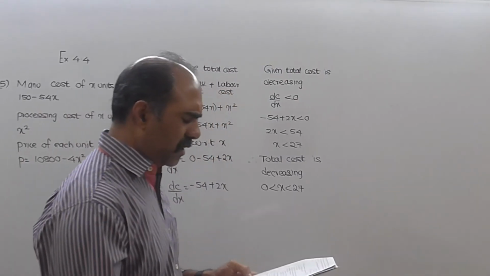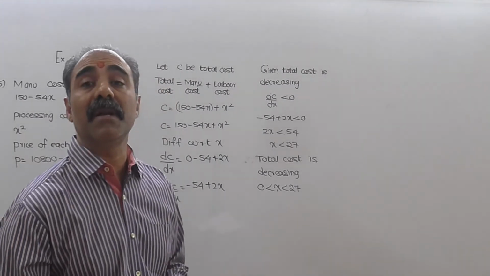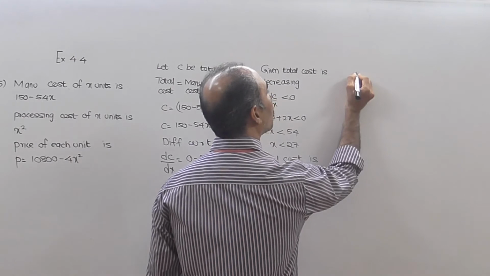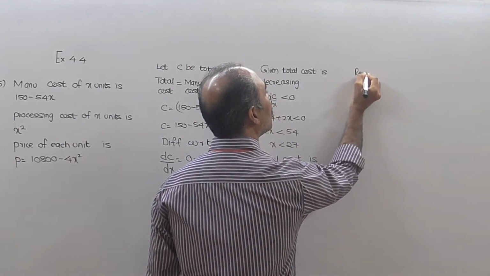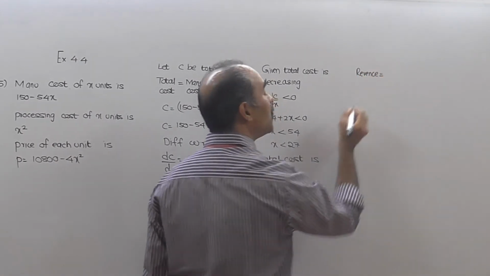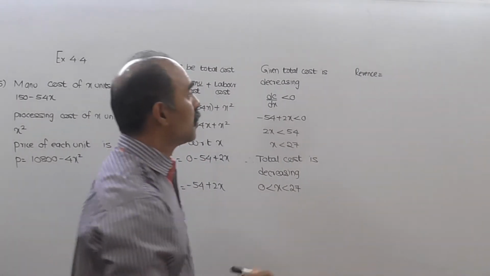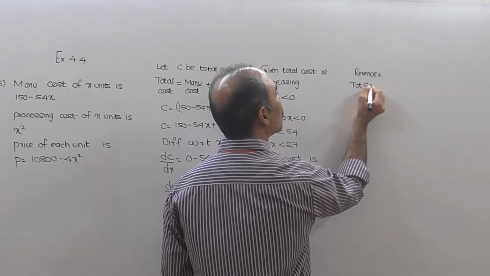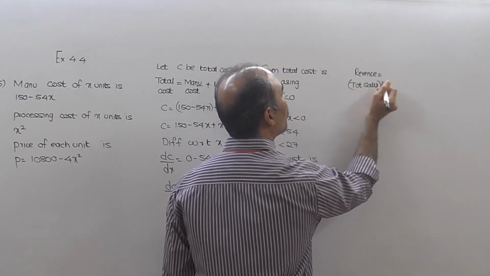The next question is find x for which the revenue is increasing. So what is the meaning of revenue? Revenue means total sales. So how do you find the total sales?